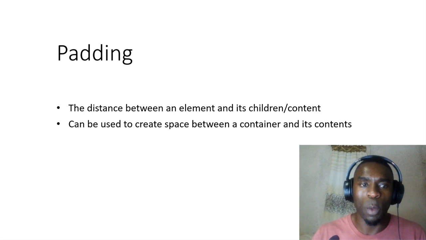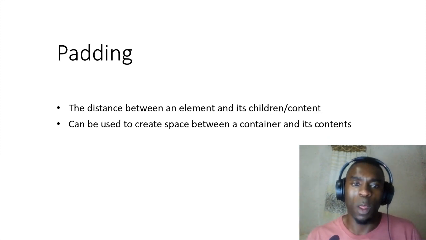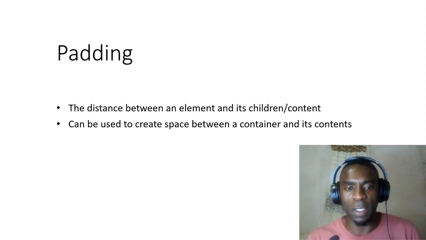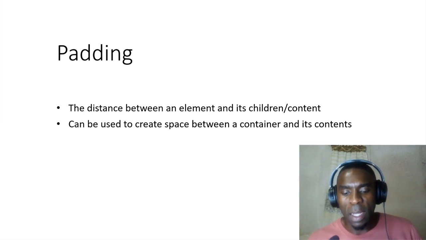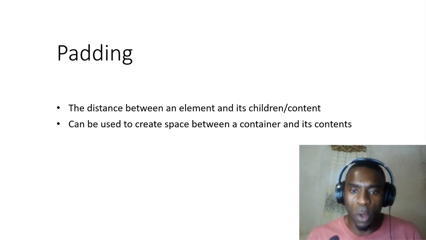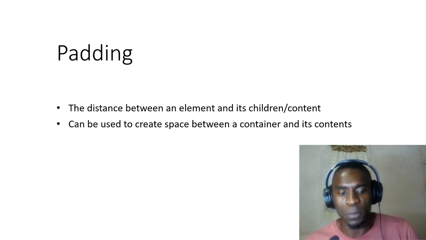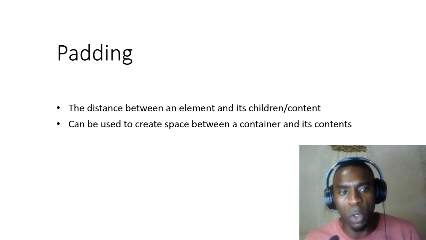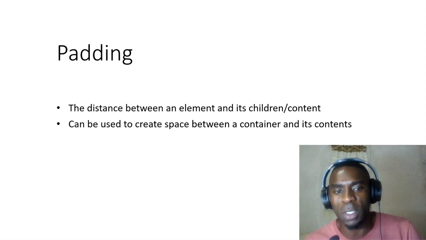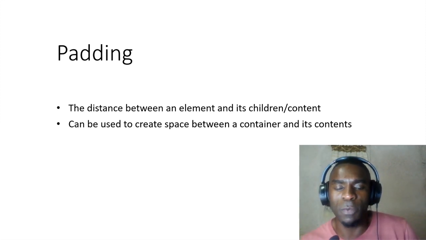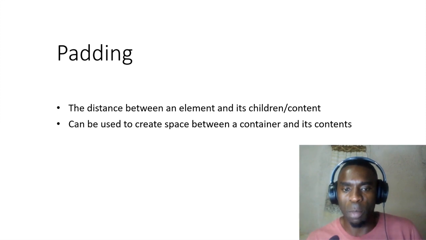Then we also have padding, which is slightly different in that, let's say you create a container or a parent element and you place some content or some children within that parent container, and you feel like the parent is too close to the children. There is no space, there is no room between the parent and the children.